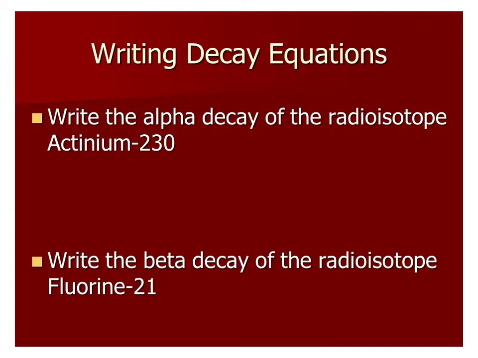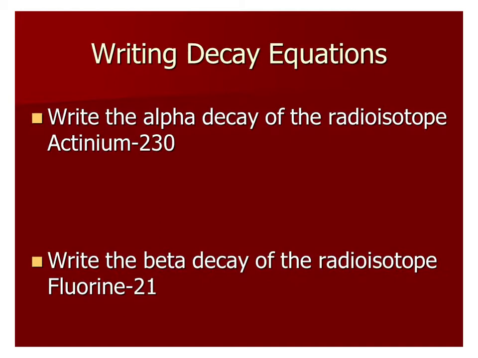What I would like you to do in this slide is the following. You are going to write down the two decay equations for the two scenarios that we have here. I'm going to ask you to stop the video, copy the information down, and then solve the equations using what I've written here. Now for actinium-230, you're going to have to look up what the atomic number is for that.